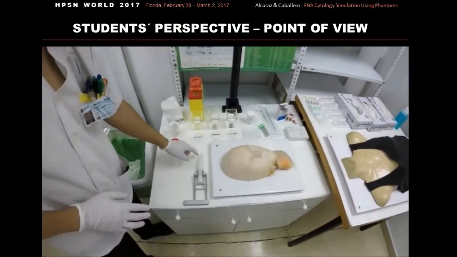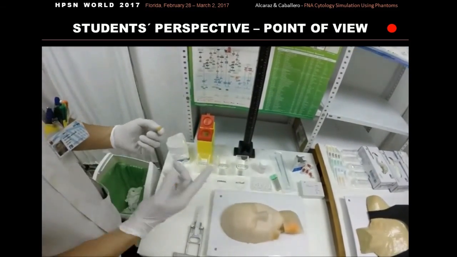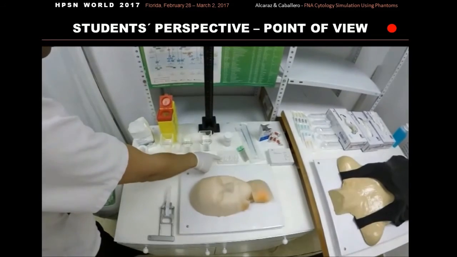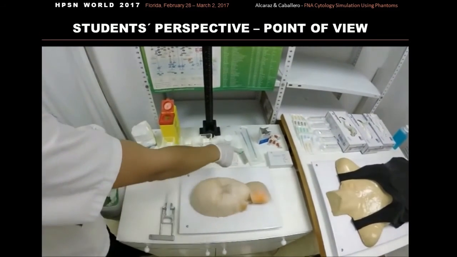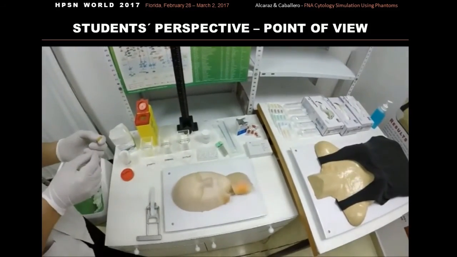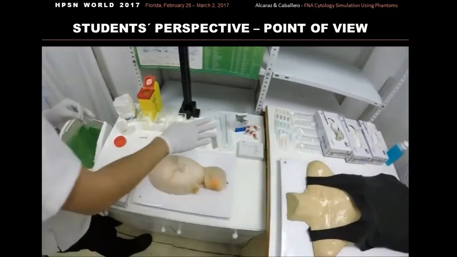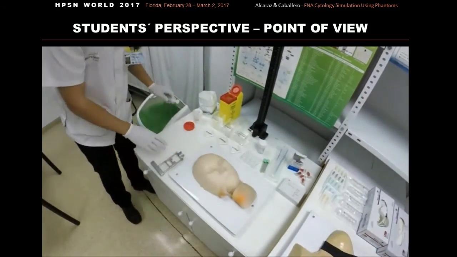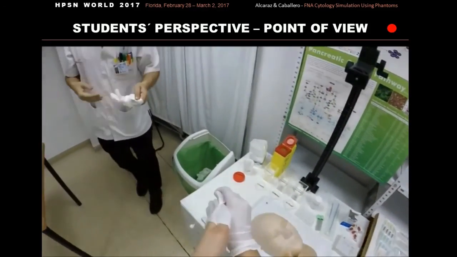Now the instructor explains all the possibilities for the remaining material, such as culture, rinsing the needle in different solutions for molecular tests, or even cell block preparations. So now we have finished the FNA procedure, and we move on to the resolution of the case.